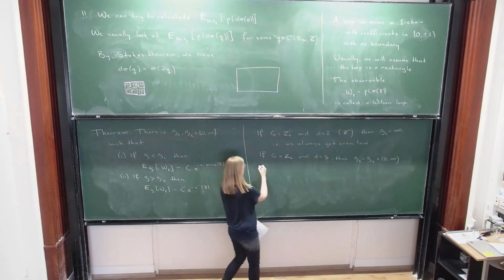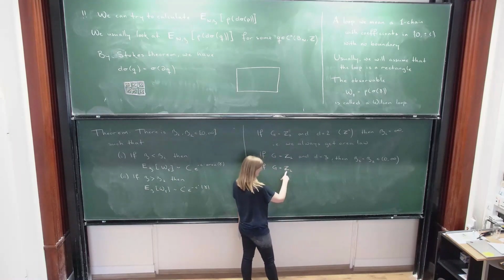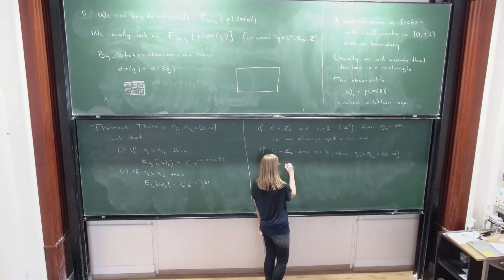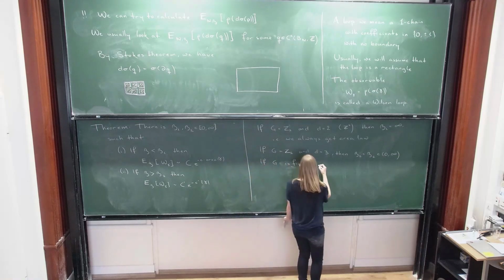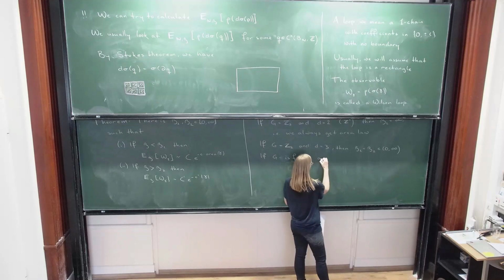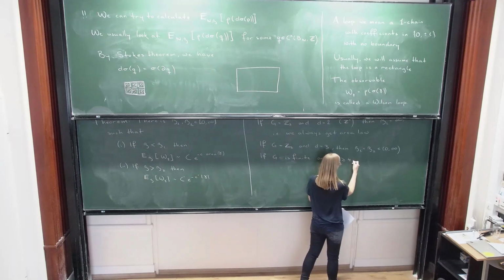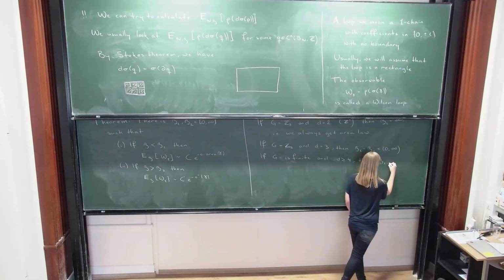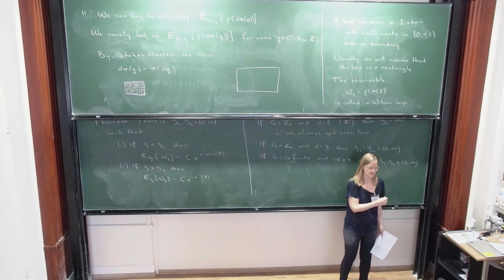And if you do this once more, if G is still Z2, and now this starts working for any finite group. So if G is finite, so that the spins are discrete, and G is larger than or equal to 4, then beta 1 and beta 2 are both kind of interesting numbers, but it's not known if they are the same.